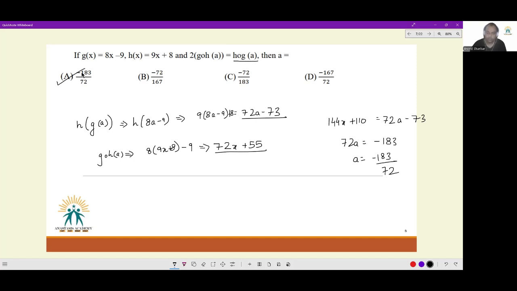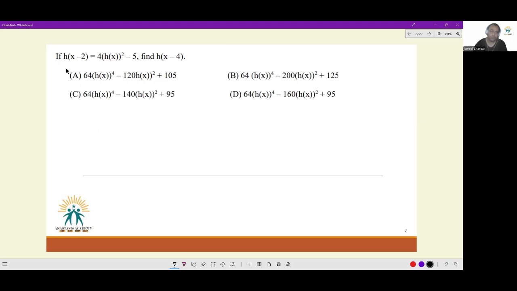Next, if h of x minus 2 is equal to 4 times h(x) squared minus 5, find h of x minus 4. Now see, for some function, the current term is 4 times the square of the term two steps forward, minus 5.